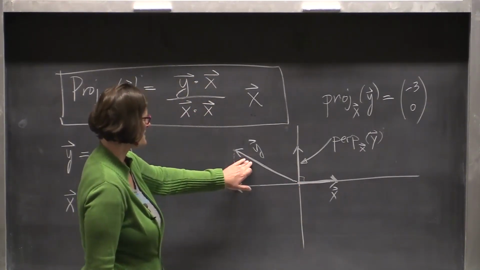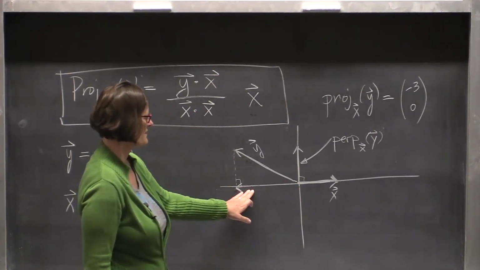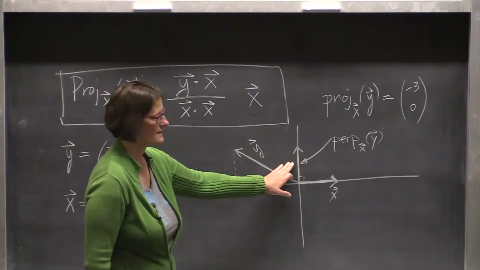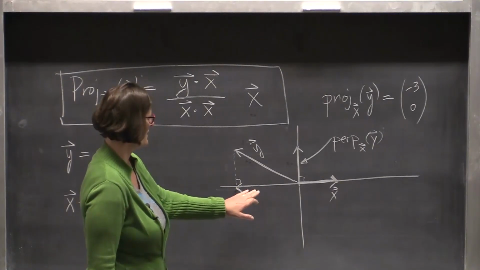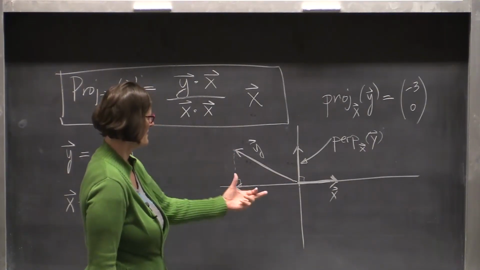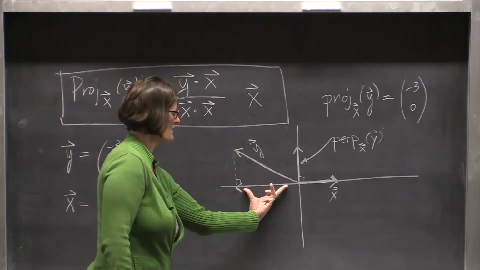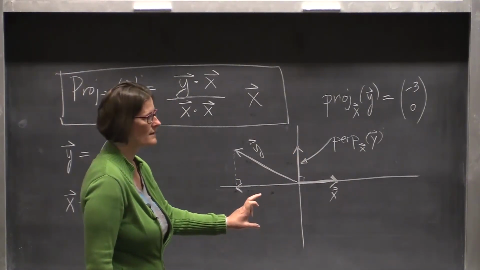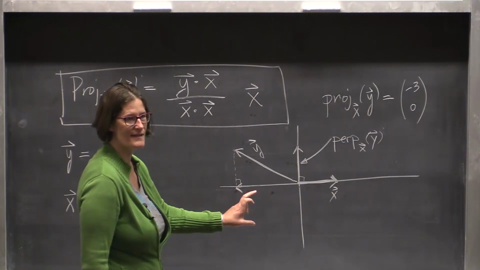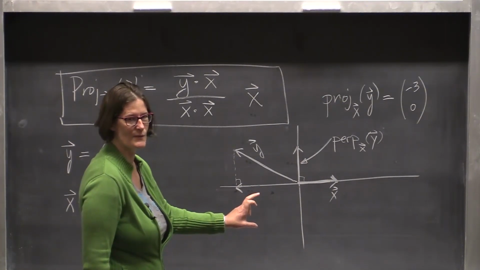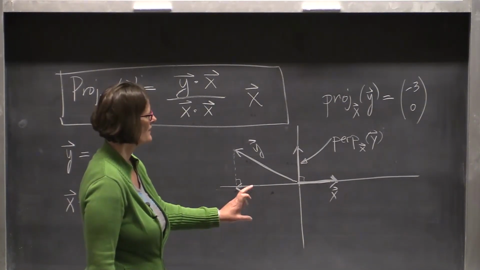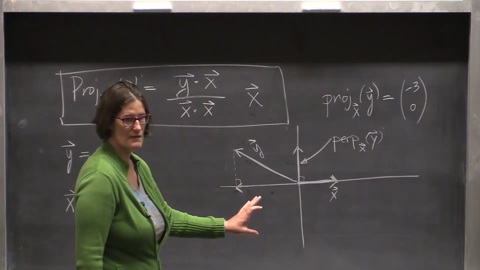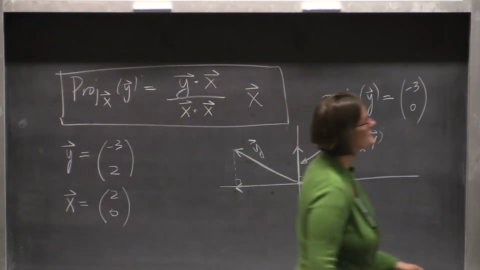If you've got this and you've got this, how would you get this? You started with y, you built this vector. Using those two, how would you get that vector? Do I need to do more dot products, or can I just do vector addition? I should be able to get it by vector addition.